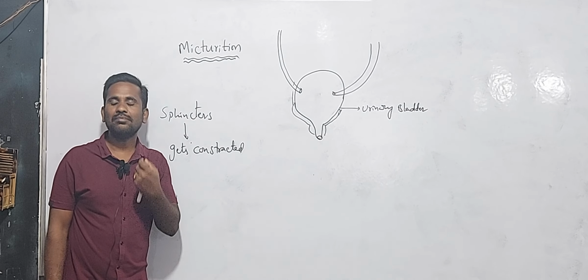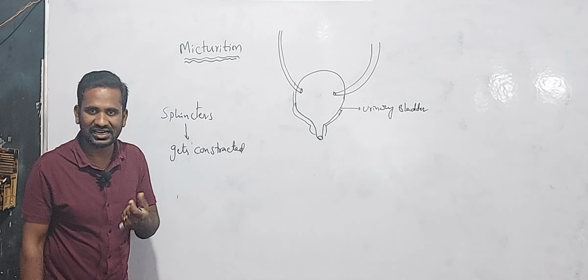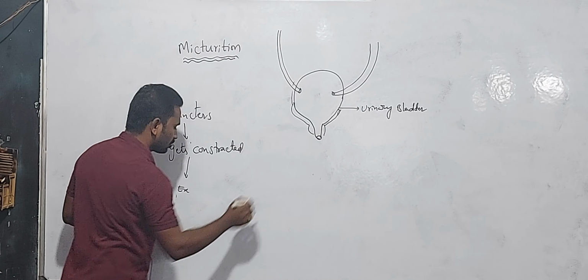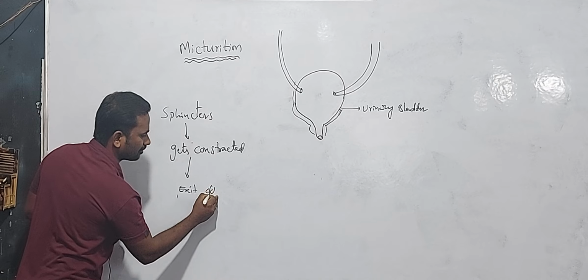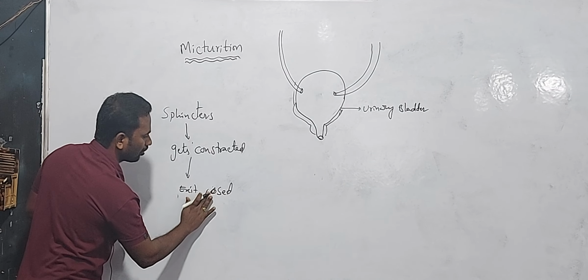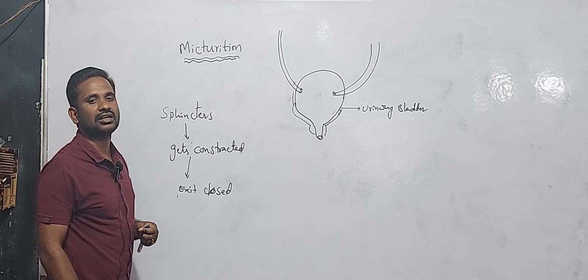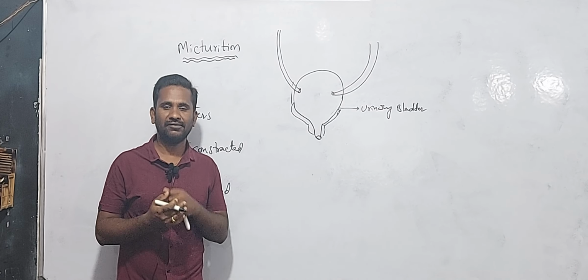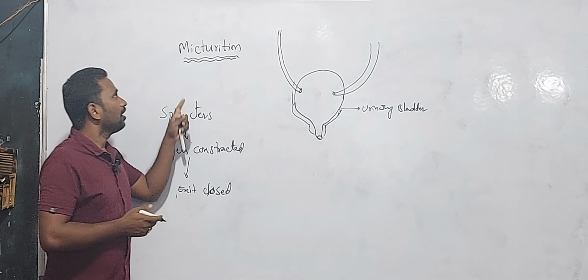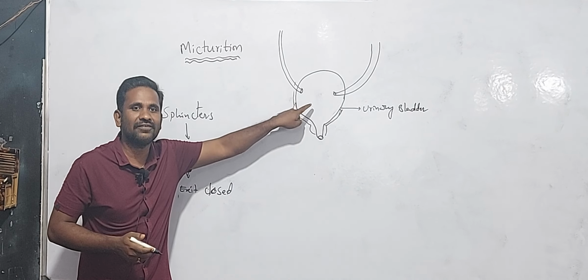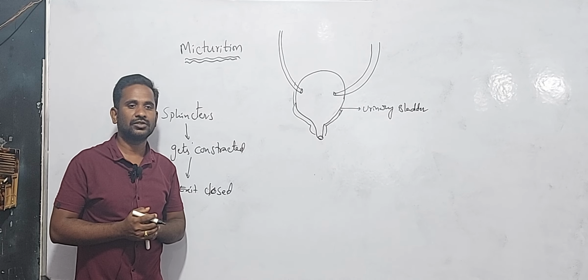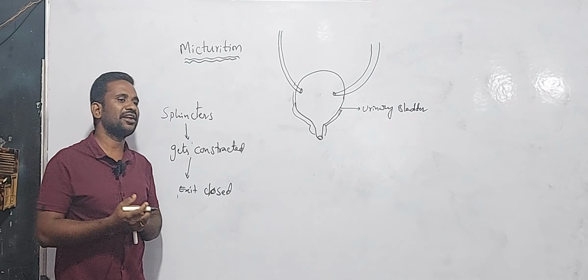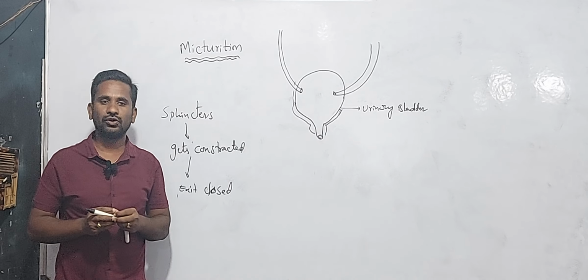It means when both sphincters constrict, the exit, that is the urethra, will be closed. Closed means we cannot pass the urine from the urinary bladder. After that, the urinary bladder is filled with urine. Commonly our urinary bladder holds 700 to 800 ml of urine.